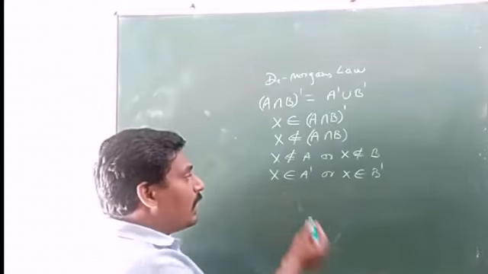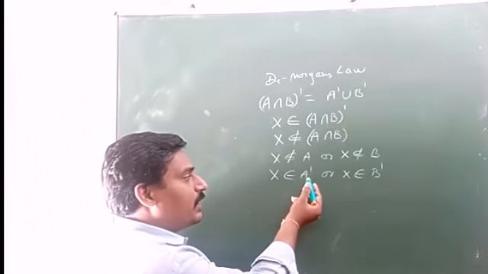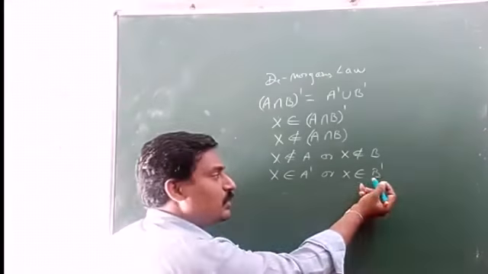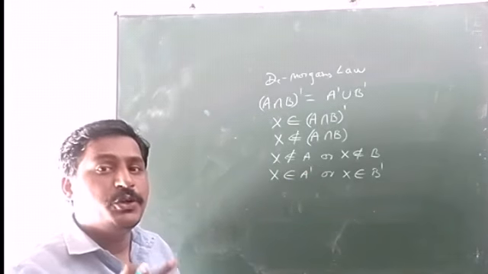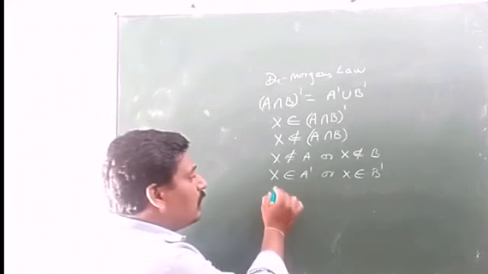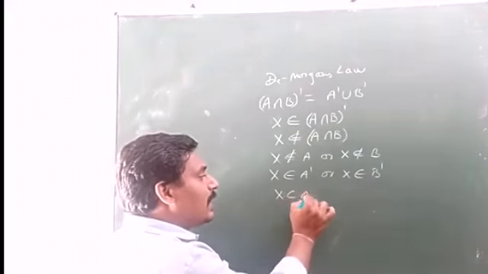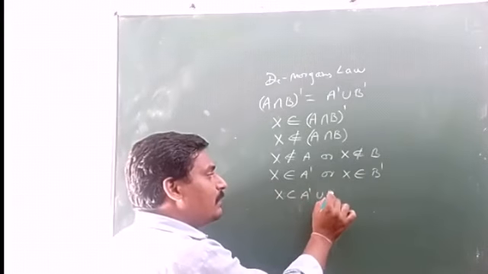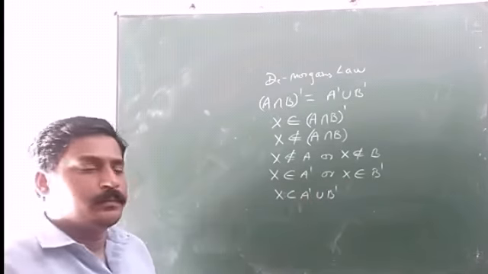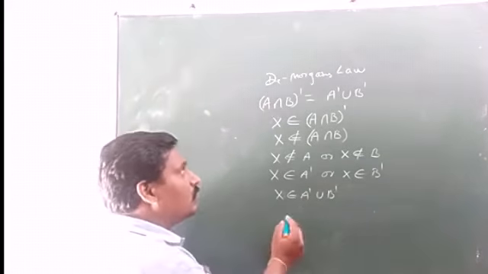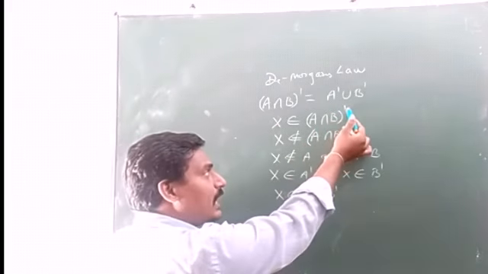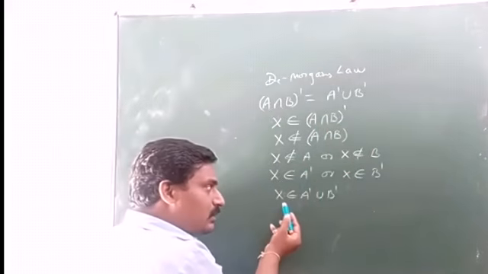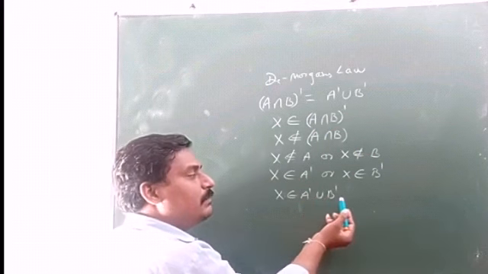So X belongs to A' union B'. Hence it is proved that X belongs to (A intersection B)' and also X belongs to A' union B'.